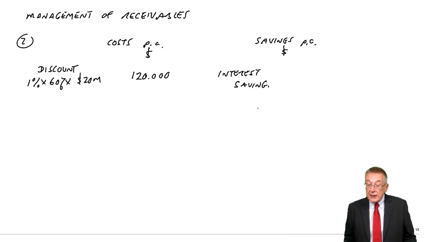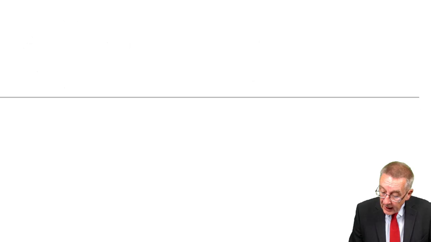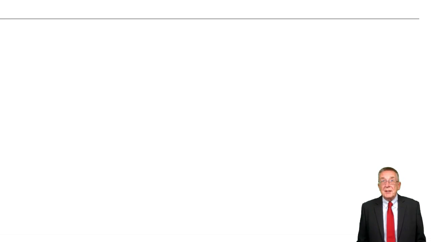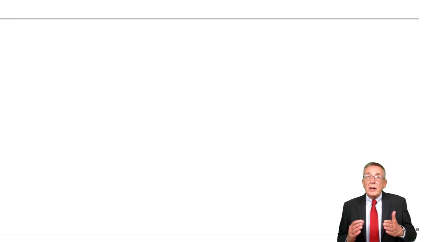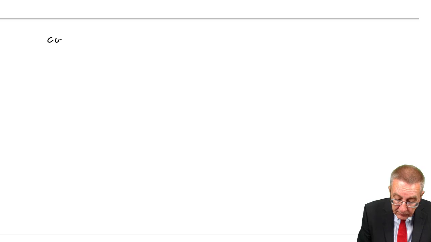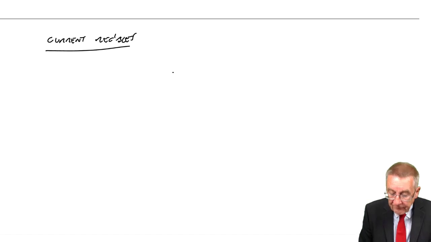And I do need little workings for this. At the moment, customers are taking credit as follows. Well, let's work out what the current average receivables are. So I'm going to look first of all at the current receivables.